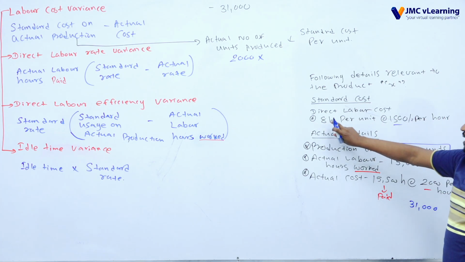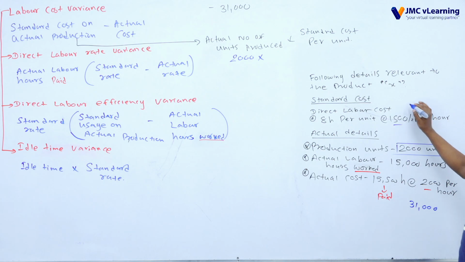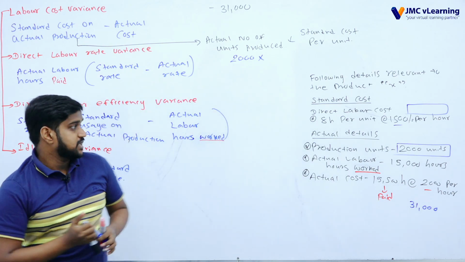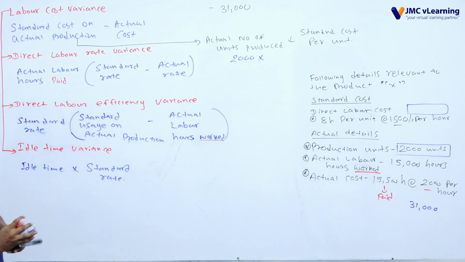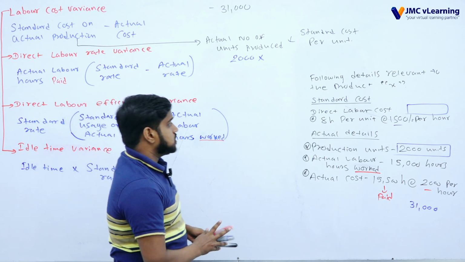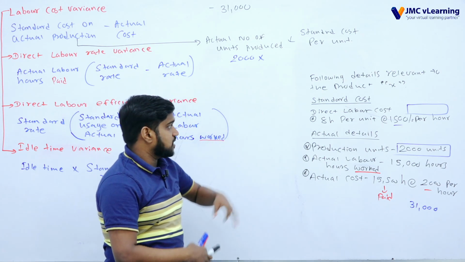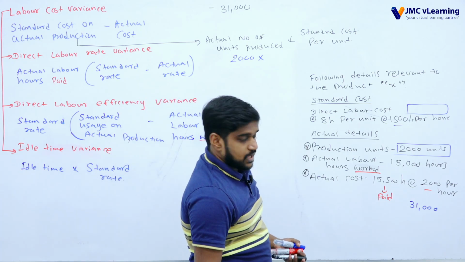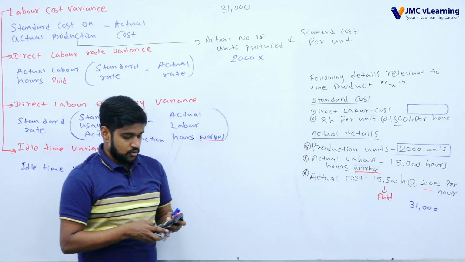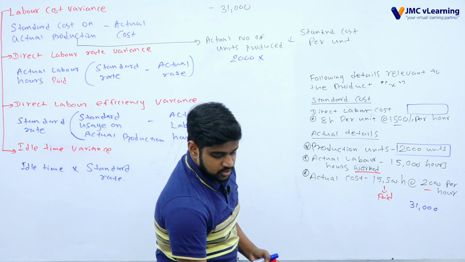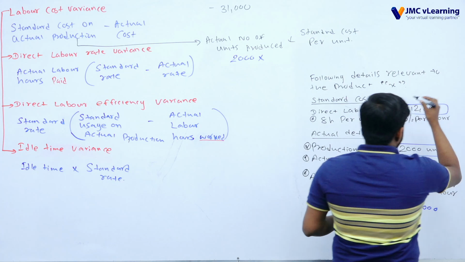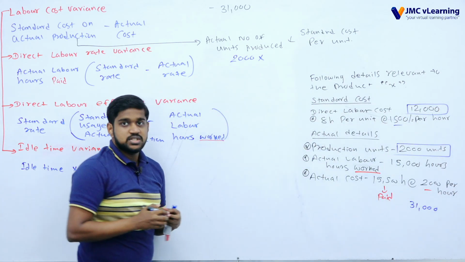That means 8 hours multiplied by 1500, we can get the standard cost per unit, because as per their budgeted details, normally per unit they utilize 8 hours and the per hour rate is 1500. Then we multiply 8 hours by 1500 and get 12,000 as our per unit standard cost.